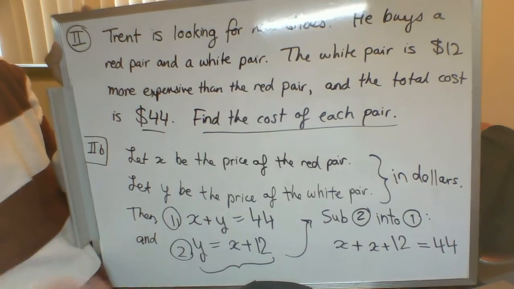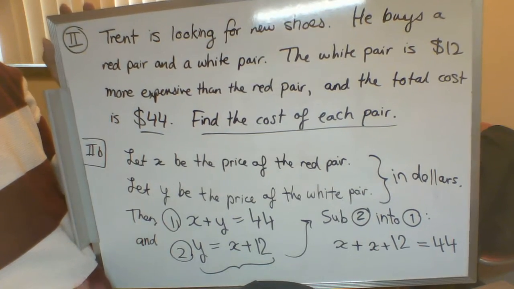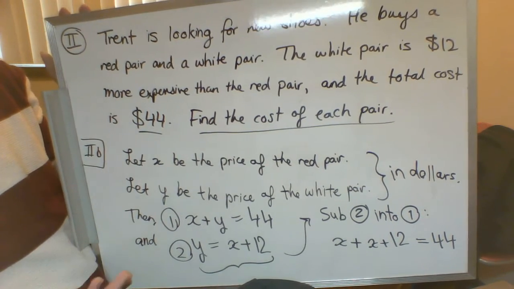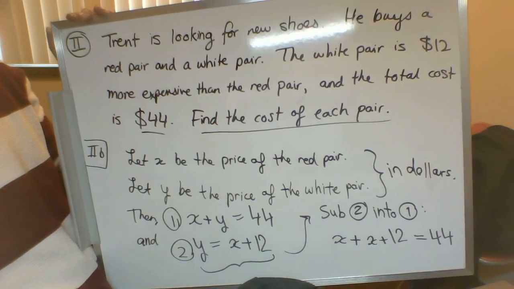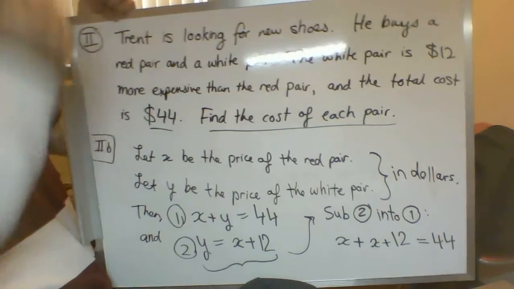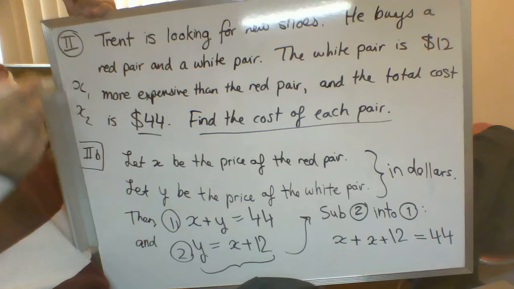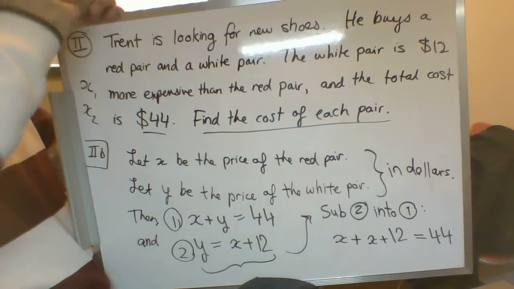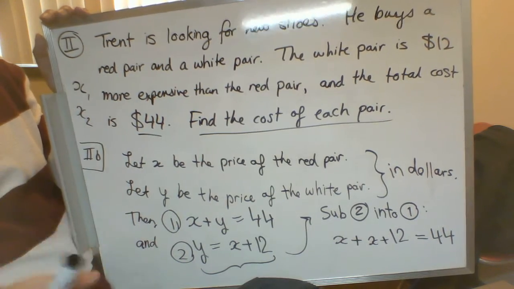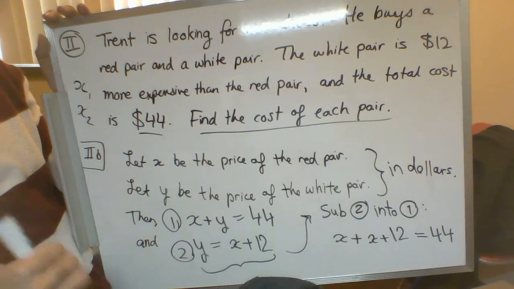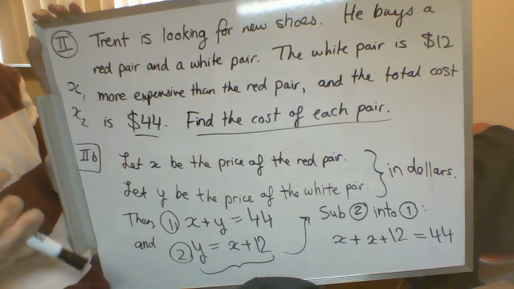The therefore statement is good to have. The let statements are good to have because if somebody's marking your tests and some of you are using X and Y and some of you are using R and W or A and B, or my university brain is suggesting X subscript 1 and X subscript 2, like X1 and X2, there are so many different ways you could name the variables that if you're marking test after test after test and everybody's using different variables and not explaining them, it makes it harder to mark and harder to understand, right?